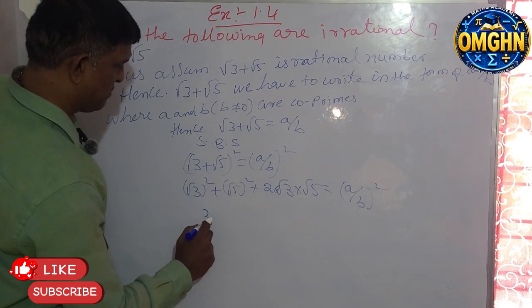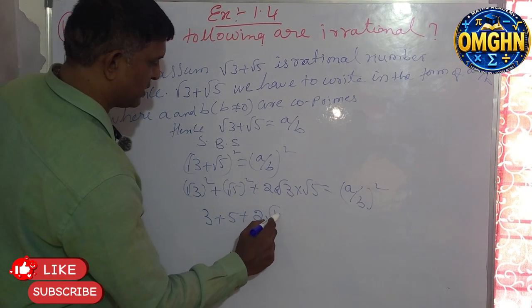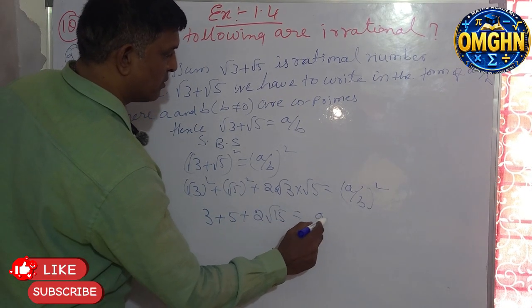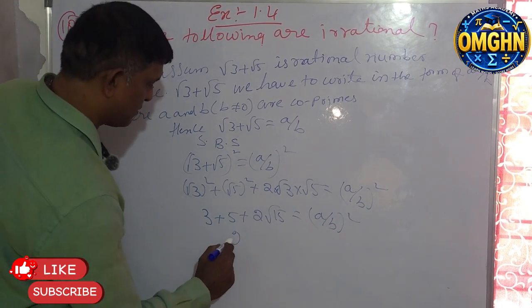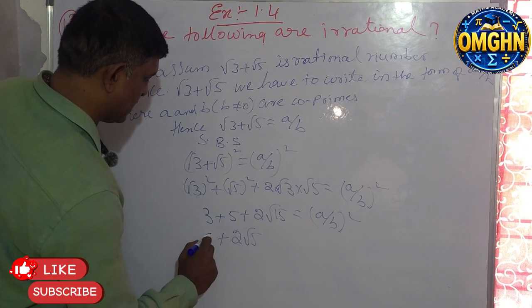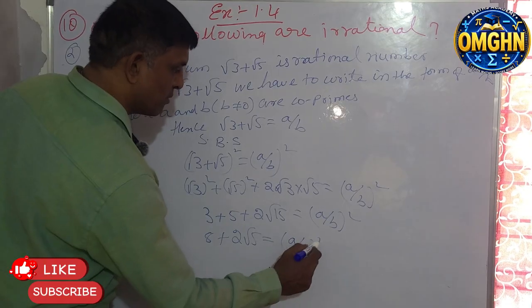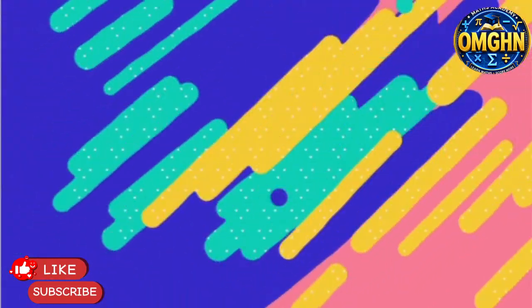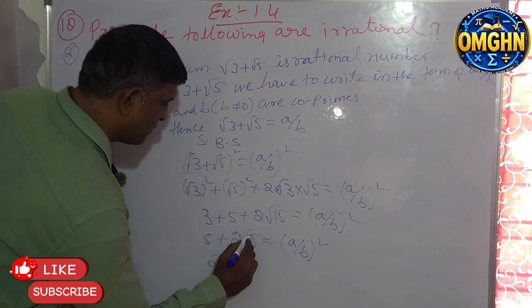This is 3 plus 5 plus 2 root 15 equal to a by b whole square. We are adding it, plus 8 equal to a by b whole square. 2 root 15.